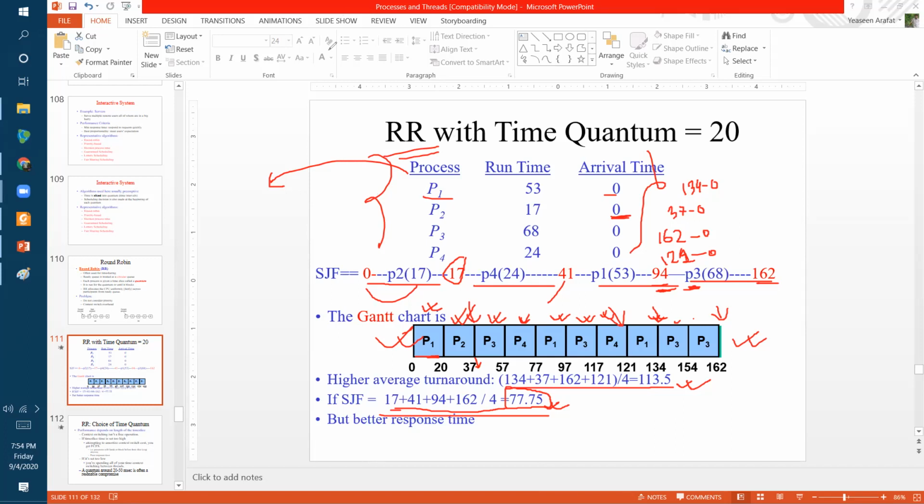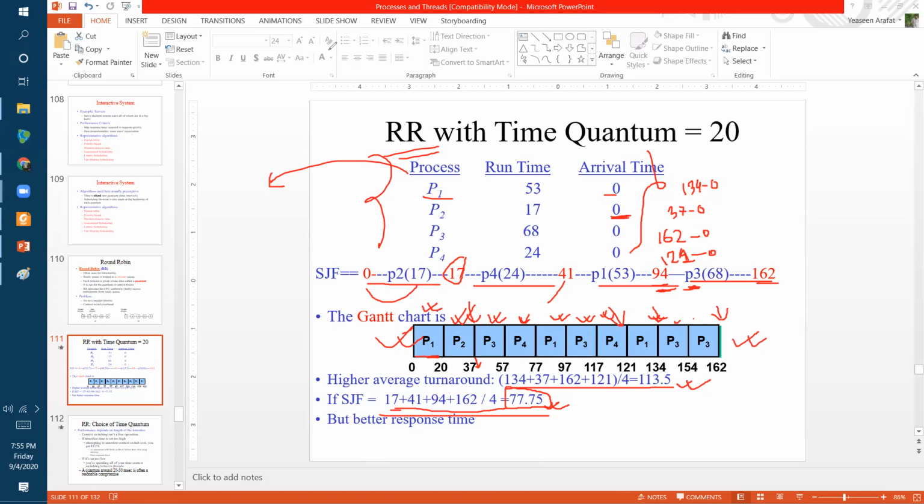So I think it's quite clear now when to use non-preemptive SJF, preemptive SJF, and the round robin algorithm. The very basic idea is, if each process has the same arrival time and it comes to a batch system, then definitely we will go for non-preemptive SJF.